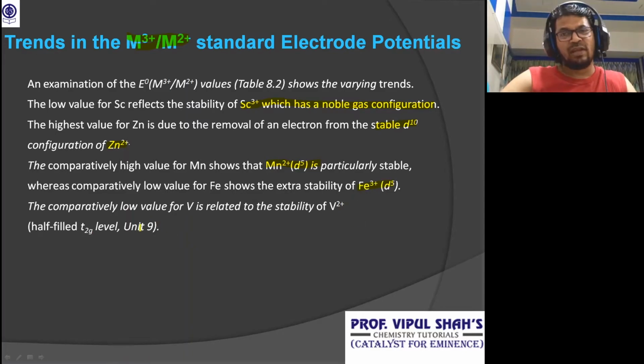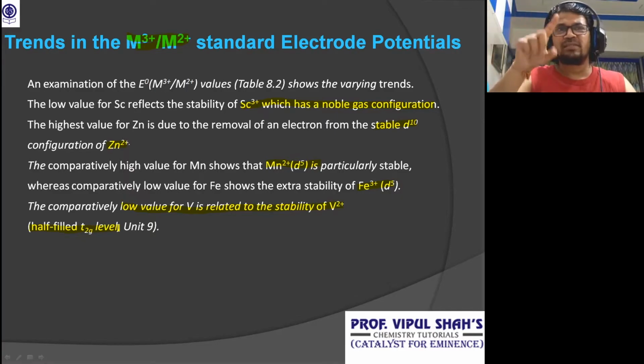Again, this is a part which will be explained more clearly in coordination. The low value of vanadium: please mark this as important and note this from the MCQ point of view. The low value for vanadium is attributed to the stability of V2+, and that's because of the half-filled t2g level. Vanadium is 23, argon 4s2 3d3.